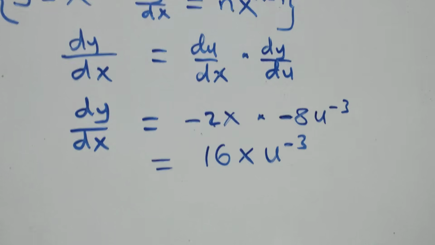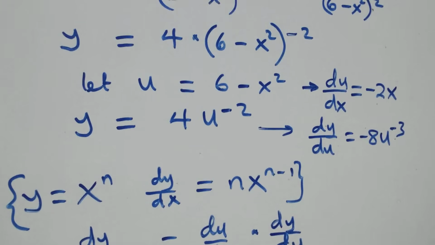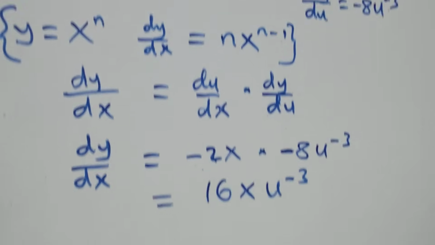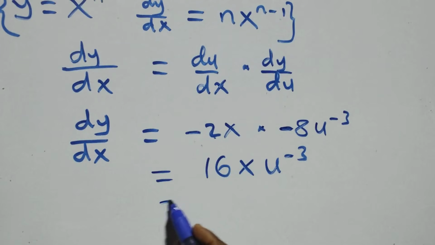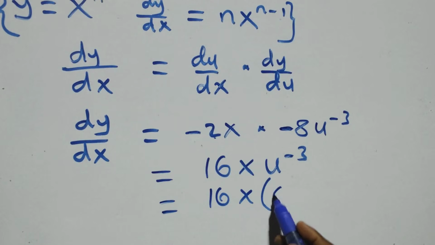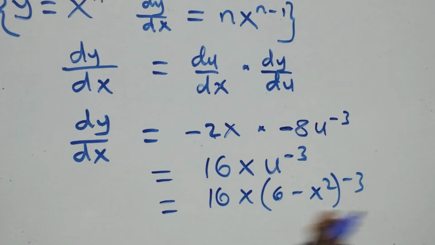Then we can substitute back our u here, since we let u be equal to 6 minus x squared. So here we have 16x multiplied by (6 minus x squared) all raised to power minus 3.